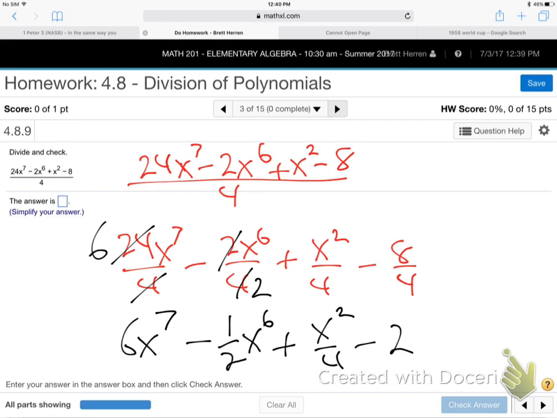Is x to the 6 over 2 the same as 1/2 x to the 6 or different? How do you know they're the same? What if somebody said, no, the x to the 6 is in the front and here it's on the top? That's different. What would you say? No, but I know it's the same.